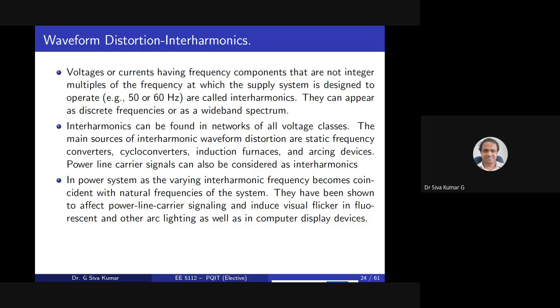Because of that reason, you'll be having the interharmonics. Even the power line carrier signals can also be considered as interharmonics, where we transmit any kind of signal. For that we use power line carrier signals, and in that case also we'll be having the interharmonics.